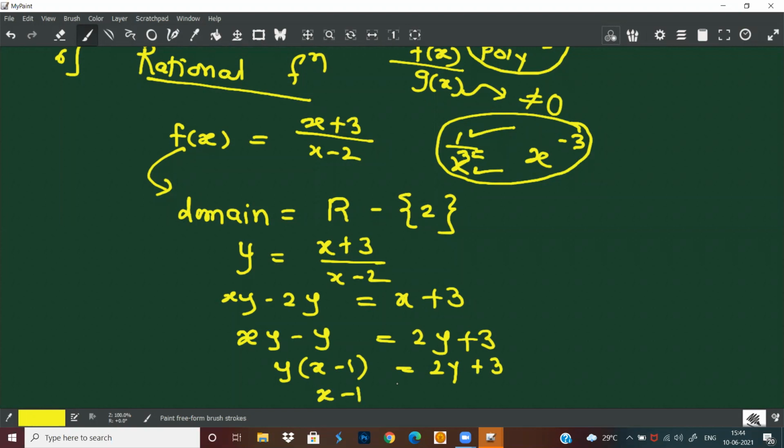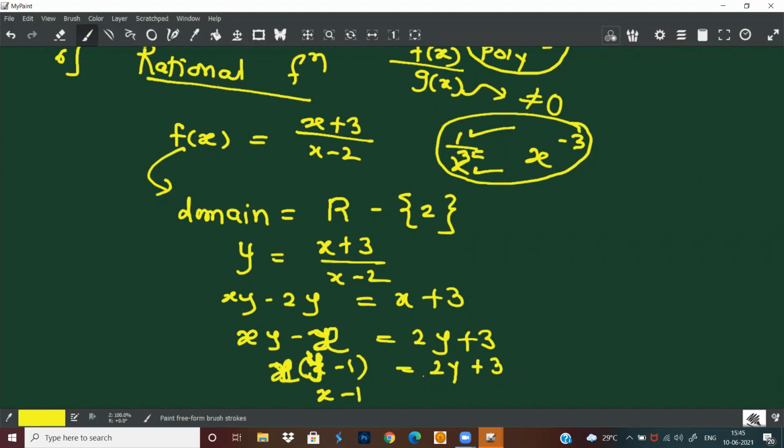Everybody is getting it? I just cross multiplied. xy minus 2y is x plus 3. I want to make x the subject. xy minus x, right? So x taken common, y minus 1.